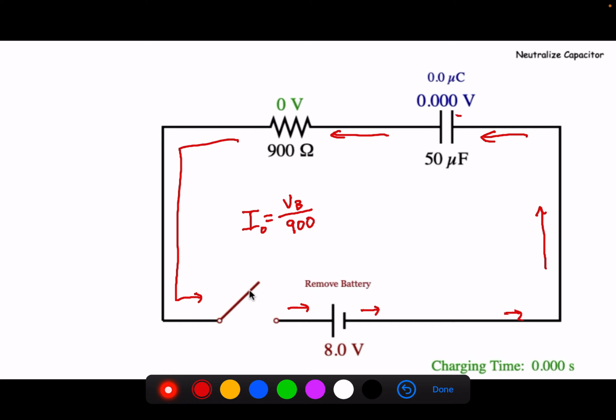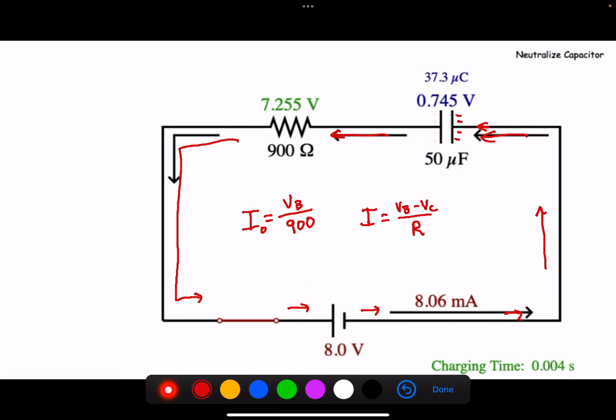However, as soon as we start getting charges building up on the capacitor, it's going to slow down the flow of electrons. So even though we haven't added any resistance to our circuit, we're going to get less current because the voltage on the resistor would be the battery voltage minus whatever voltage has developed on the capacitor.